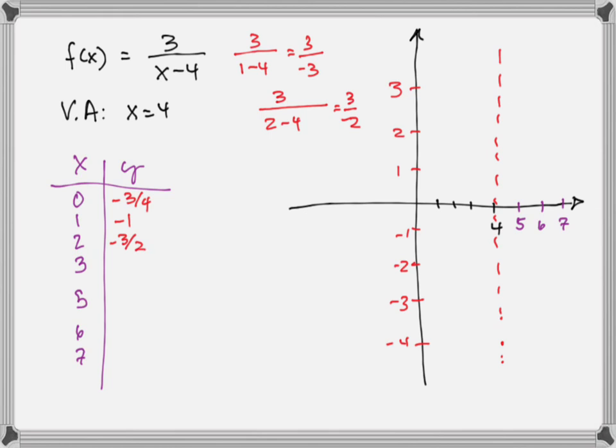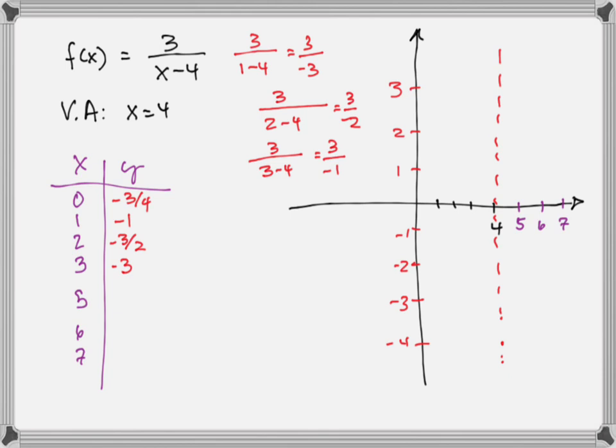So -3/2. If x equals 3, we have 3 over 3 minus 4, which is 3 over -1, right? Help me out, guys. Right. Okay.